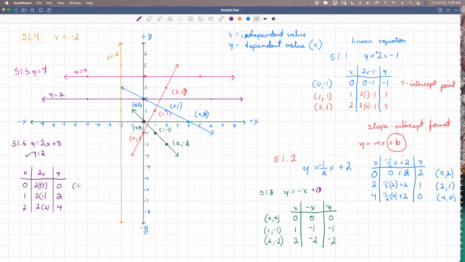So this point is 0, 0, as we've already pointed out. So 0, 0 here. And the next point is going to be 1, 2. And then the next point is going to be 2, 4.